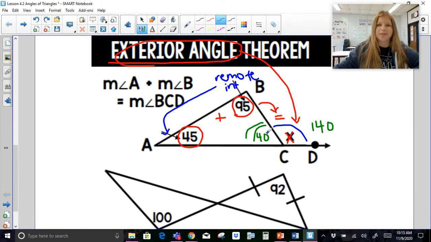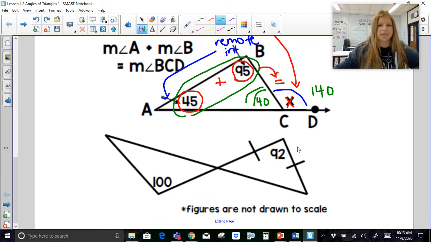So then I'm subtracting 140 from 180 to get that 140, where in actuality, all I really need to do is add up these two angles, because these two angles with this angle here should be the same as the measure of these two angles added up together. So the exterior angle theorem is that the two remote interior angles will always add up to that exterior angle. And that'll come into play all the time.